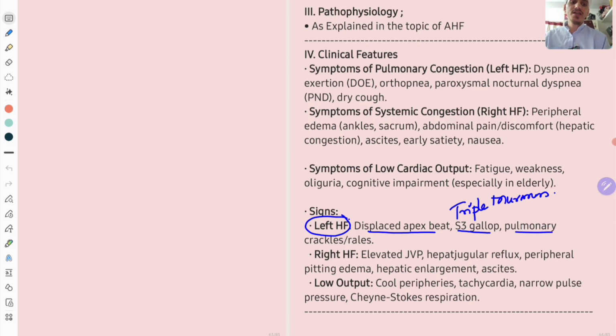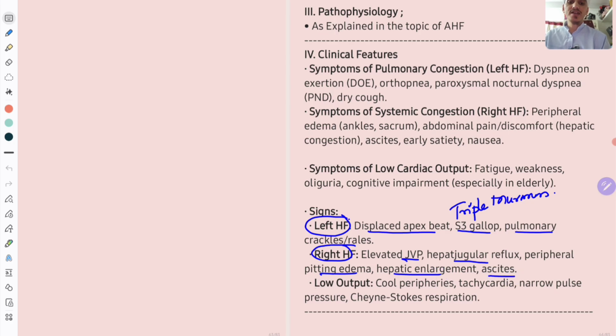Then pulmonary crepitations. In right heart failure: elevated JVP, hepatojugular reflex, where if you compress the abdomen there is increased JVP, peripheral pitting edema, hepatic enlargement, and ascites.